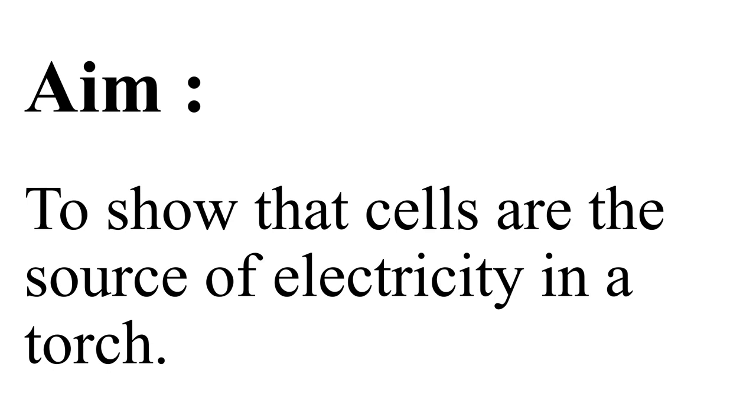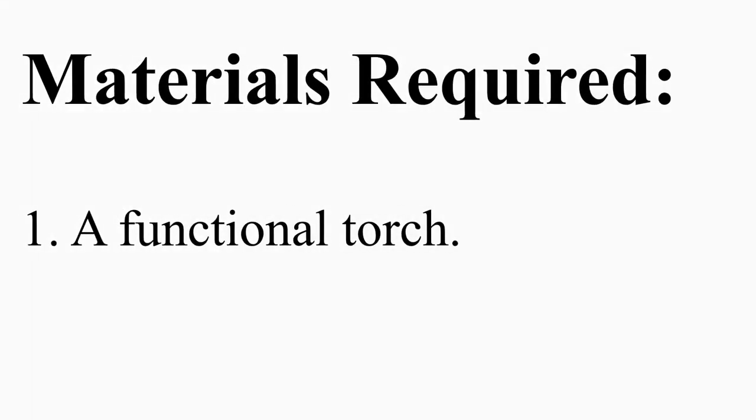Aim of the activity: to show that cells are the source of electricity in a torch. Materials required: for this activity, we just need a functional torch, a torch which operates with the help of cells.